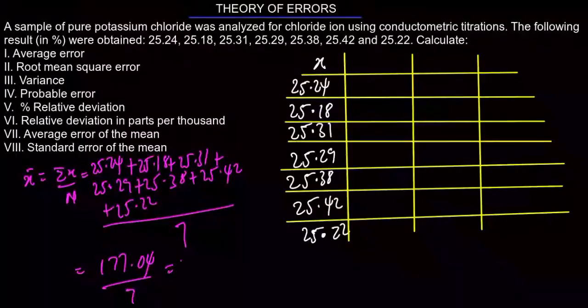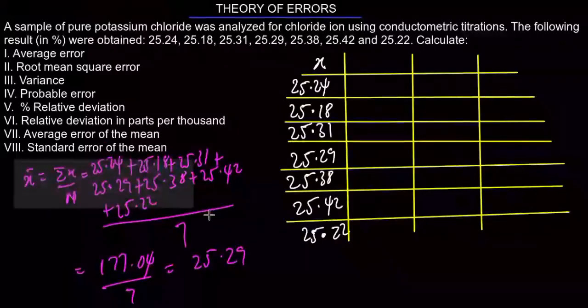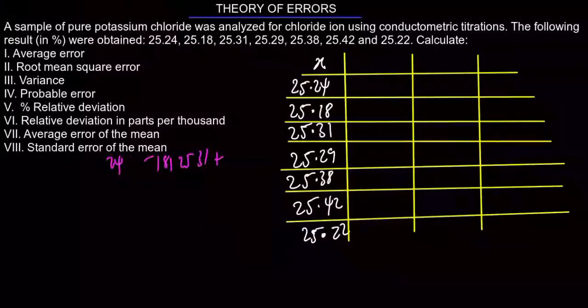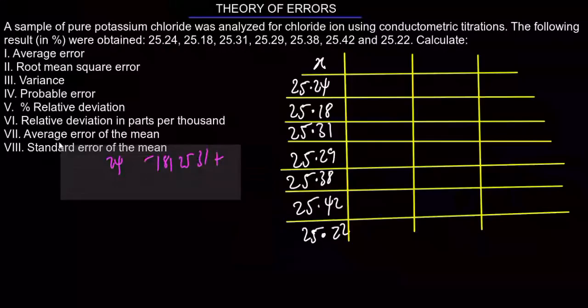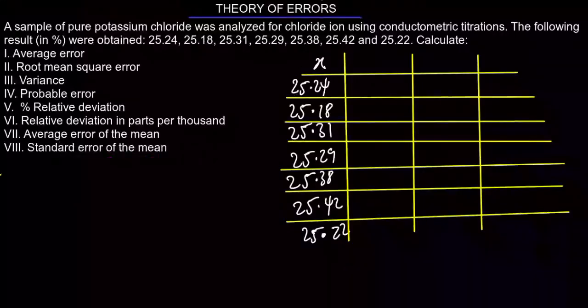For my final answer, I'll leave it as 4 significant figures, the way I have it here. So you have 25.29 as your mean. 25.29 is my mean. So my mean, x bar, equals 25.29. So keep this in mind.